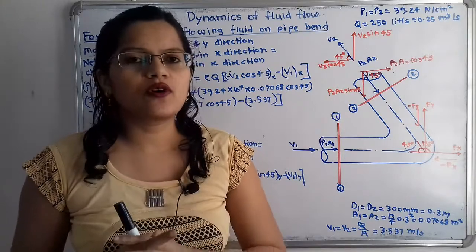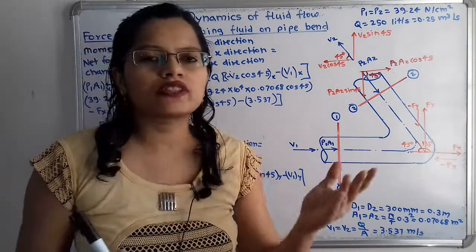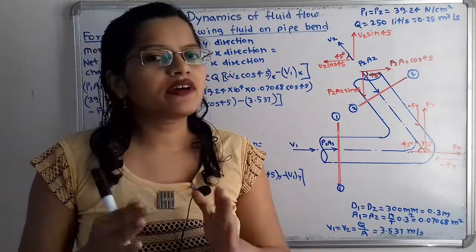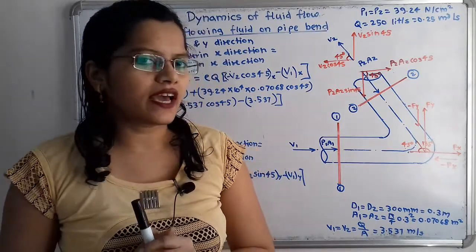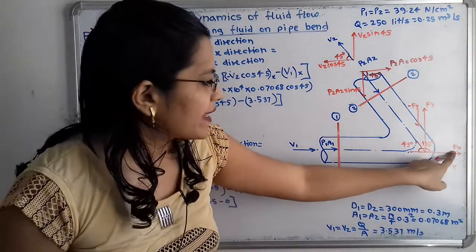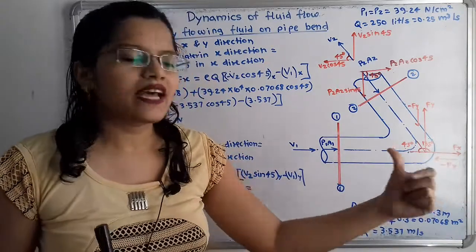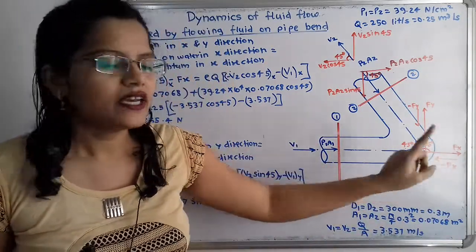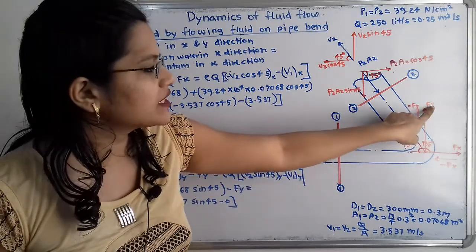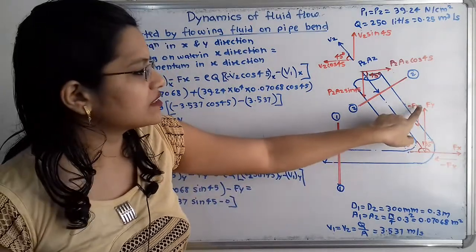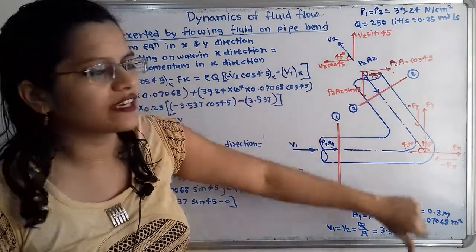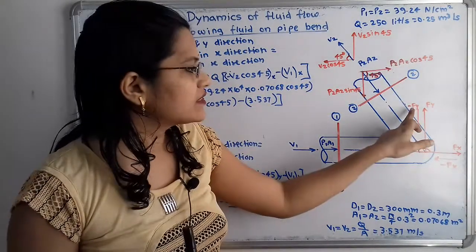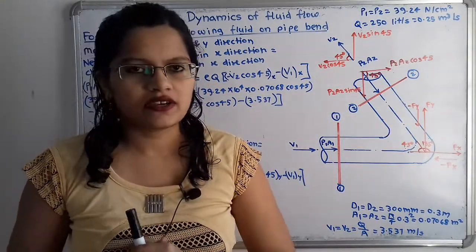Now what is the force exerted by the bend on this water? It is equal in magnitude but opposite in direction. So the magnitude is equal, that is Fx, but the direction is towards the left hand side. So we will say it is minus Fx. In the same way, the magnitude is equal for this vertical component, that is Fy, but the direction is opposite, that is downward. So we will say this force is minus Fy.